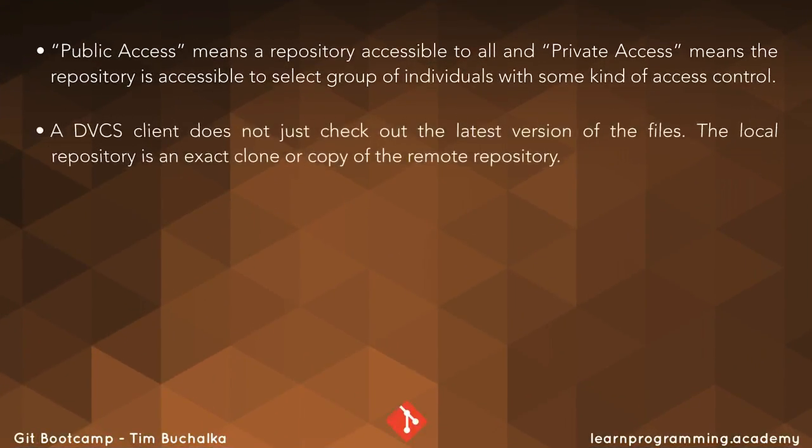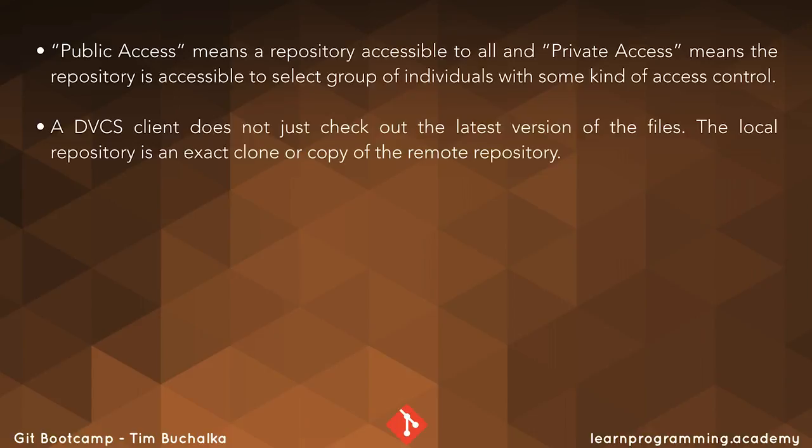Now when I talk about public access, I mean that a repository is accessible to all, and contrasting that to private access, that means that the repository is only accessible to a select group of individuals who need some sort of access control, like a username or a password, or be part of some group to be able to access that particular repository. So a distributed version control system client doesn't just check out the latest version of all the files. In essence, the local repository ends up being an exact clone or copy of that remote repository.